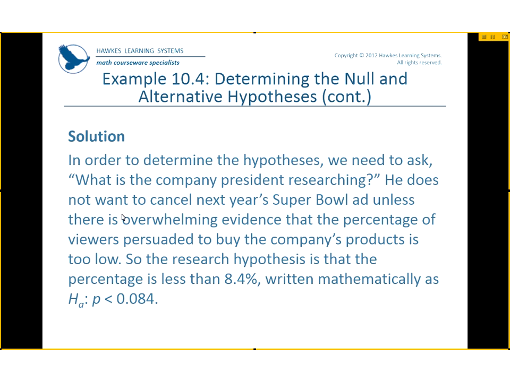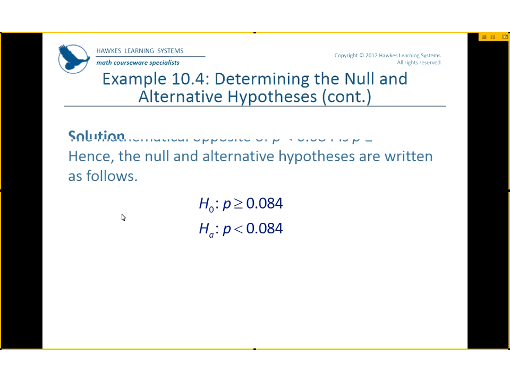So you're going to say that because we see it's a percentage, we're going to test, is it lower than 0.084? So that's our alternative. So our null is P is greater than or equal to 0.084. So because he wanted to test that if it's lower than that, then they're not going to buy it.